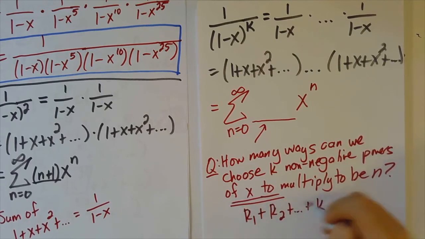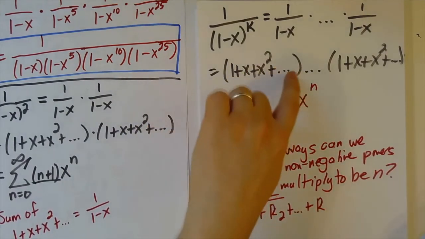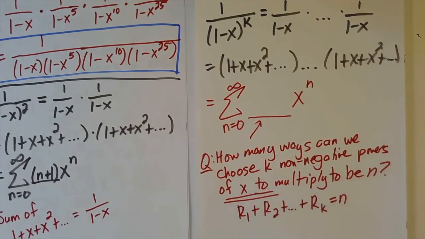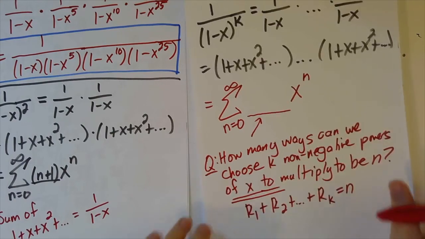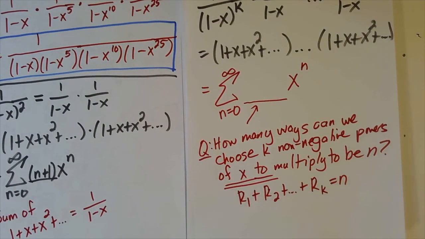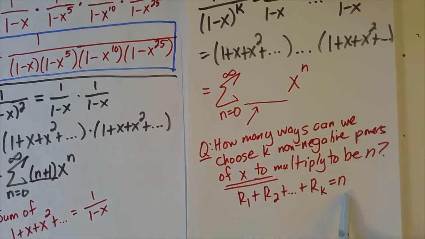If I choose the r1th power here, the r2th power from the second, all the way up to the r-kth power from the last, I need that sum to be n. But this is now a familiar question, because now I'm saying how can I choose k non-negative integers that add to n?